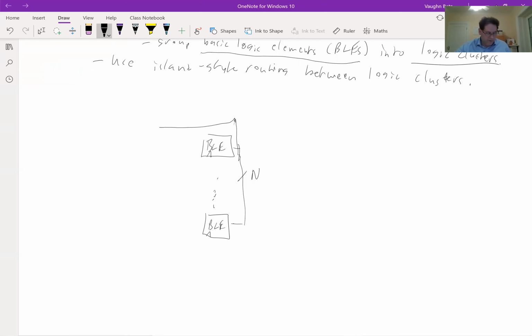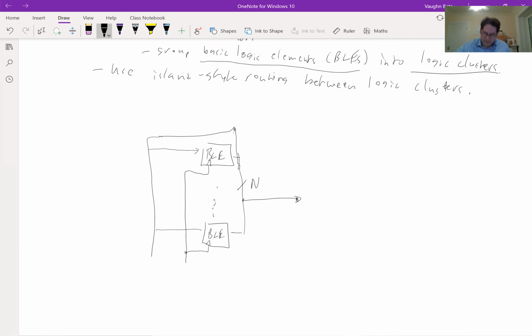Each of these has a register in it and a lookup table. That's the most common logic element. A clock goes to each of these things. Their outputs can go out to the general routing, and they can also feed back into these logic elements. You can programmably choose whether to take some output and connect it back to the input of another.